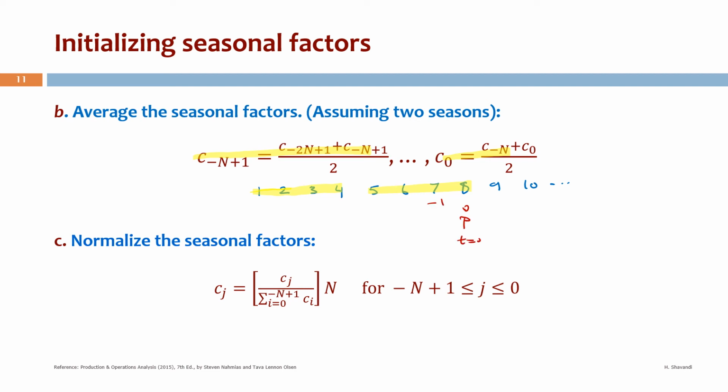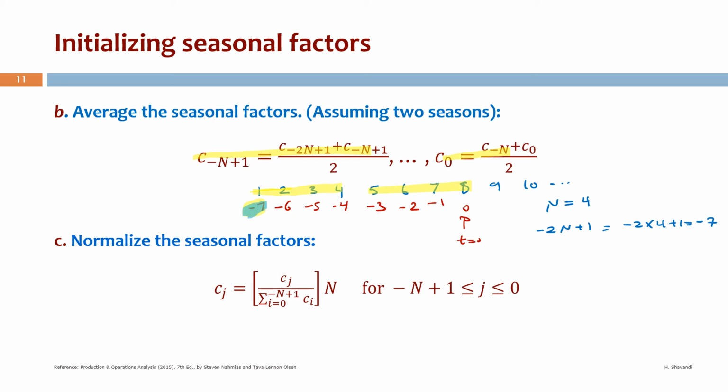Then this will be -1, -2, -3, -4, -5, -6, and -7. As you see here, since n equals 4, for example, -2n plus 1 will be -2 times 4 plus 1, which is -7.